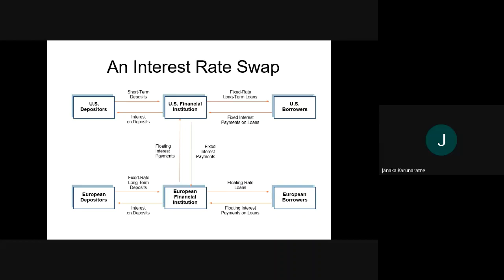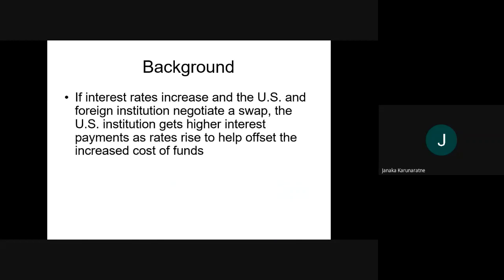Interest rate decline. Now I am not worried because I am getting fixed rate payments to pay my fixed rate depositors. Correct? So through an interest rate swap, you can typically manage your interest rate risk.